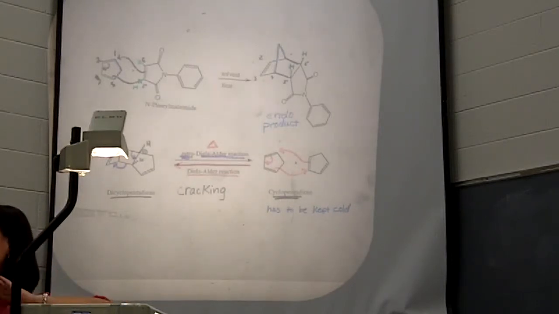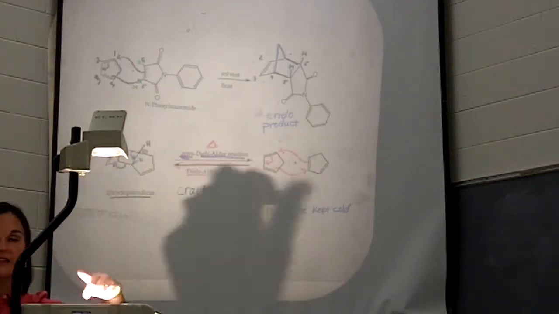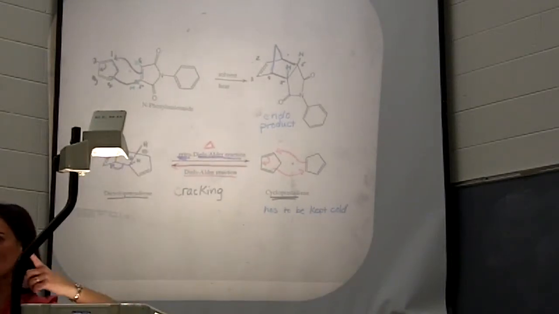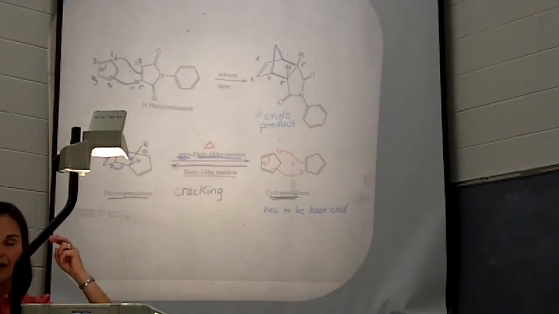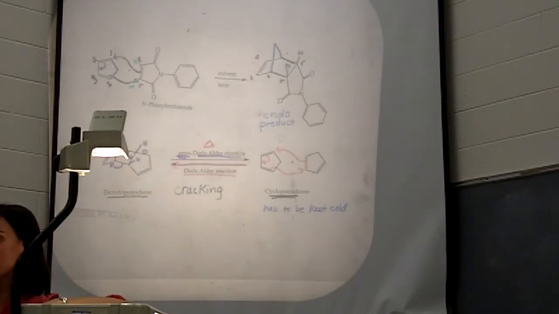Now, cyclopentadiene itself does not just exist. You can't just buy a bottle of cyclopentadiene. It actually exists as dicyclopentadiene, and what you have to do is crack it, or break it from 2 rings into 1 ring. And so in lab this week, immediately before you use the cyclopentadiene, we will be heating it up and cracking it and breaking it into its 2 rings.